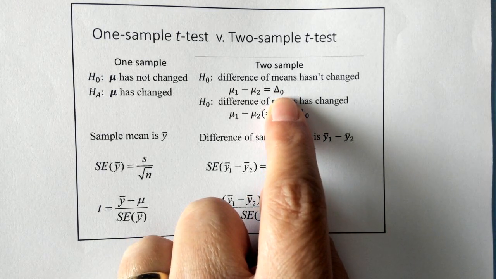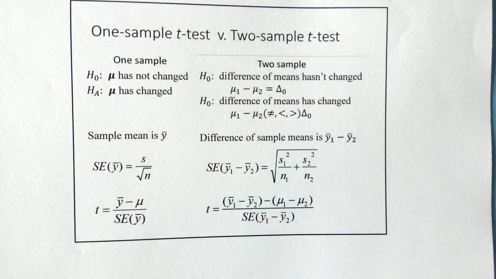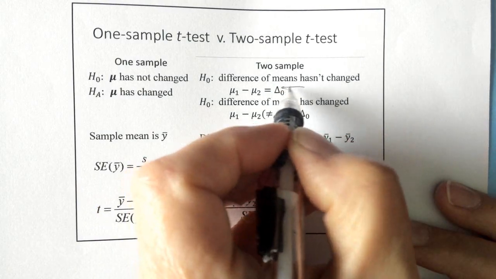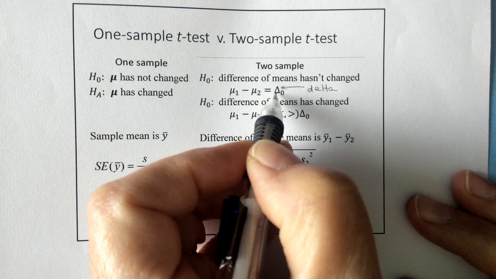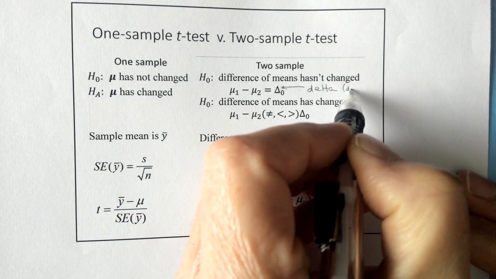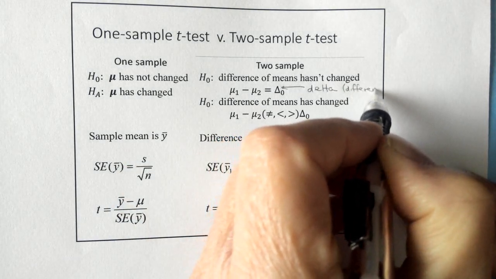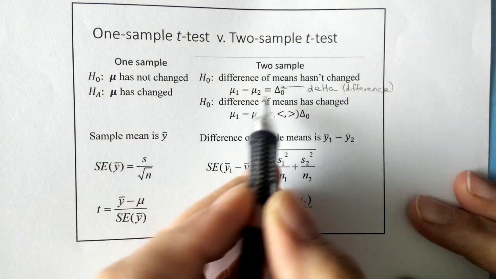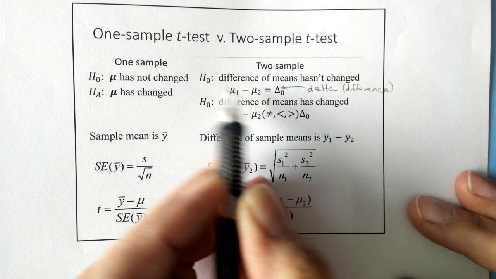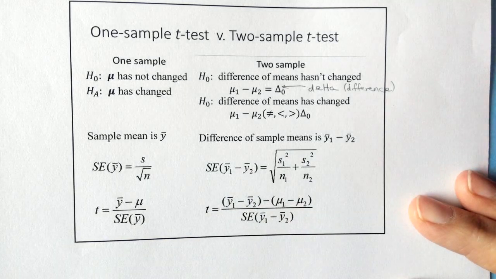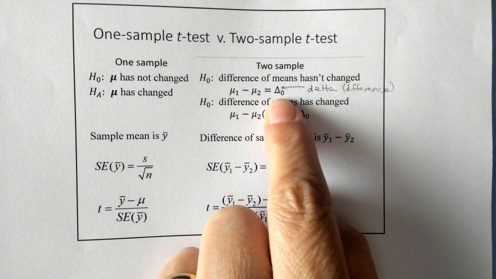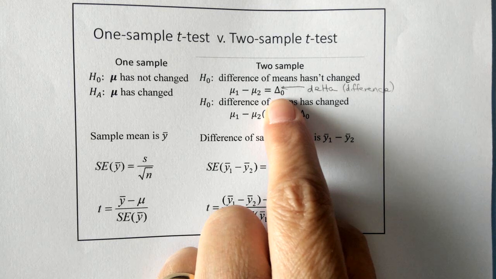So this is actually delta. This is the Greek letter delta, which means the change or the difference in the 2 means, sub-0, which indicates that it's the difference assumed in the null hypothesis. Again, most of the time this is a 0. Occasionally it could be a different number.